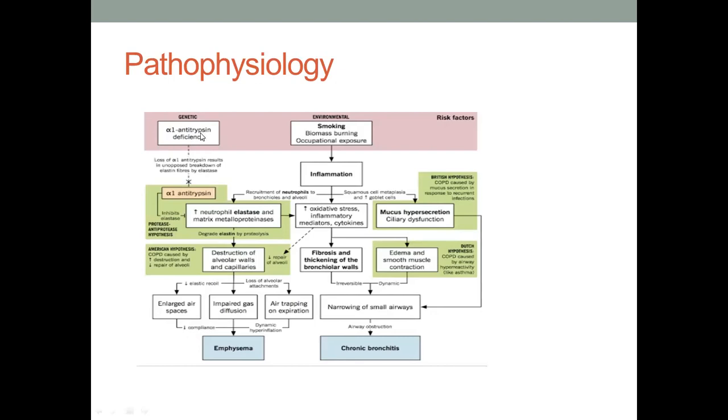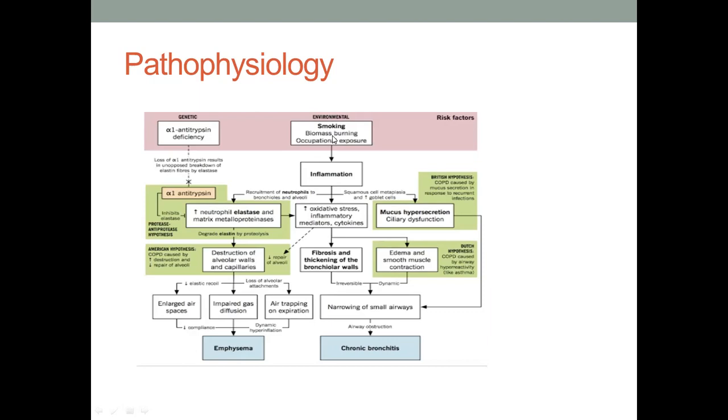This is the pathophysiology of COPD, and here you can see that genetic factors are involved, like alpha 1 antitrypsin deficiency. There will be alpha 1 antitrypsin deficiency in this patient. Other causes are smoking, biomass burning, and occupational exposure, dust exposure. These all lead to inflammation.